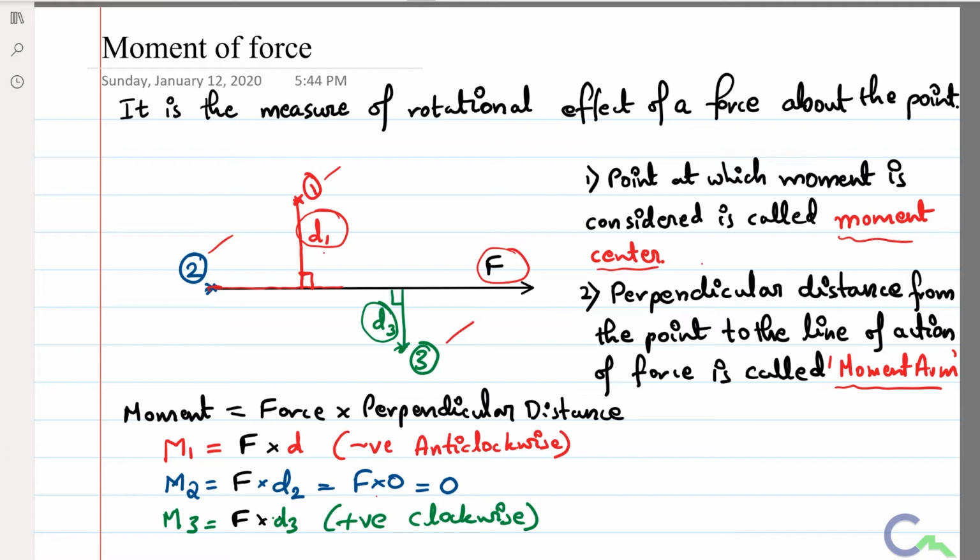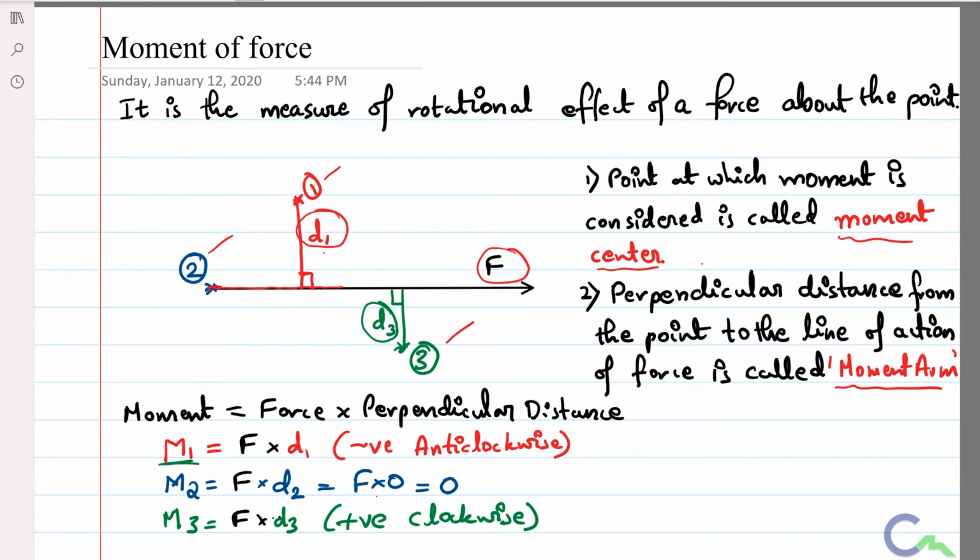If I want to find the moment, it is nothing but force into perpendicular distance. Calculate the three moments in this case. For point 1 the moment is M1, for point 2 the moment is M2, and for point 3 the moment is M3. So M1 is force into perpendicular distance, F into d1.